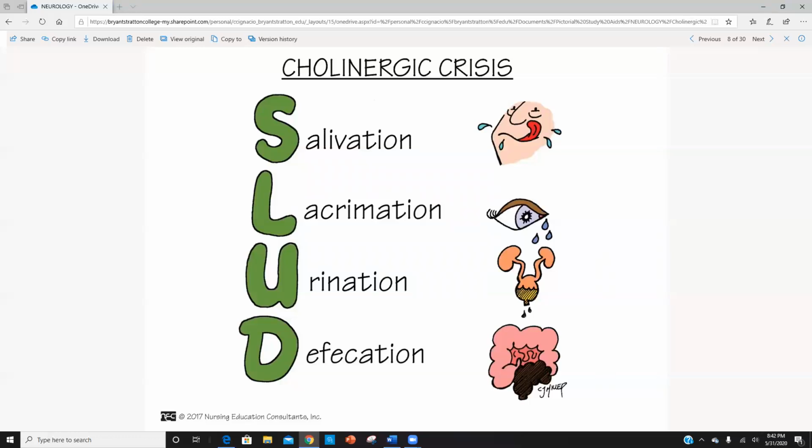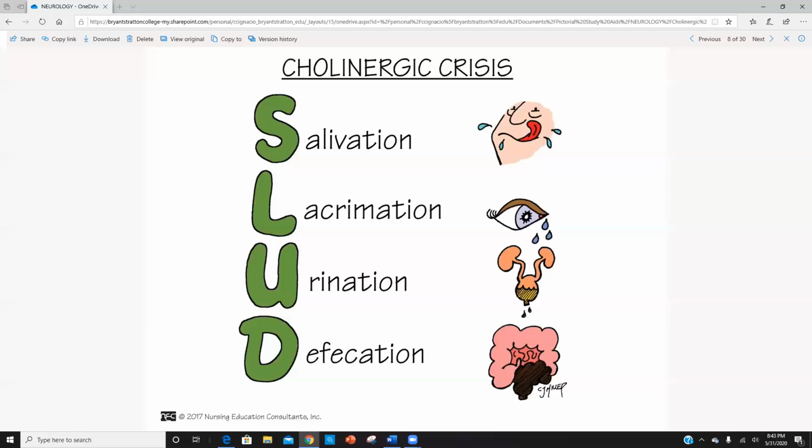Or there could be a muscarinic crisis. So that's the second type. The first type is nicotinic crisis, and then the muscarinic crisis. In the muscarinic crisis, vision becomes blurry, pain in the abdomen, vomiting, diarrhea, nausea, discharge, and a secretion of tears with too much secretions within the bronchial passages.